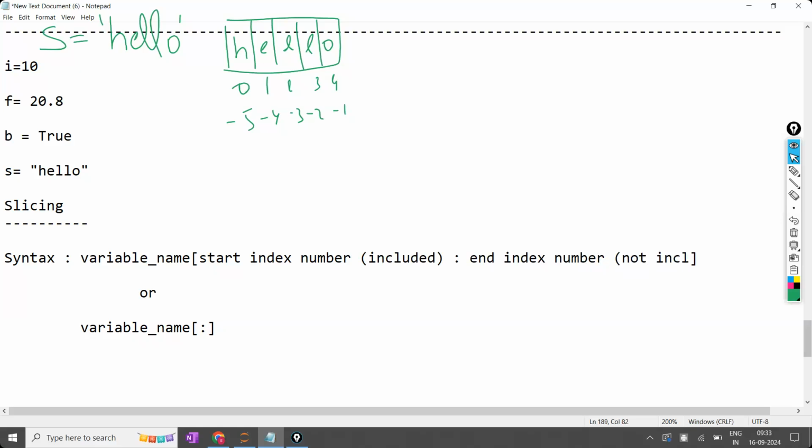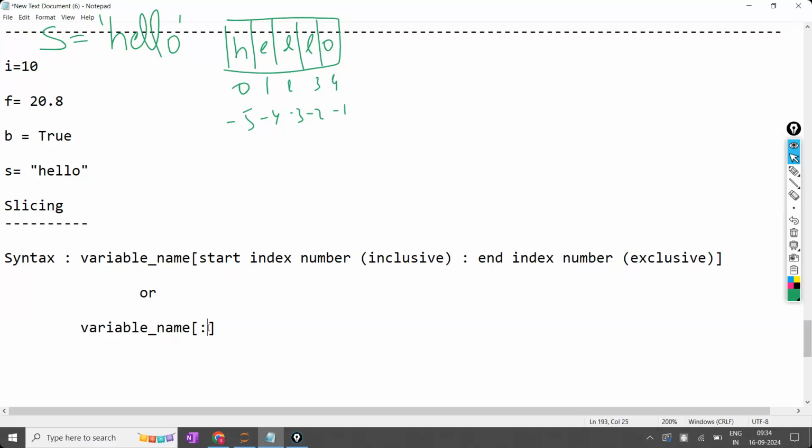Not included means it is excluded, exclusive. This is inclusive. The starting index number is included, but the ending number is not included.